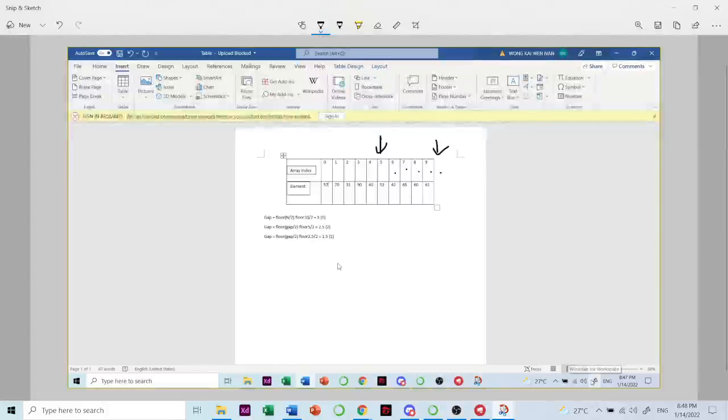So 5 divided by 2 will give me 2.5. You see how there's a decimal place. And for this formula, we have to round off the decimal to the nearest integer. If not, there will be a flaw in the formula.